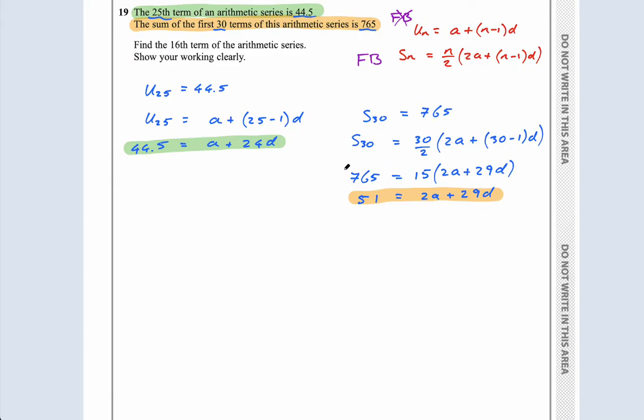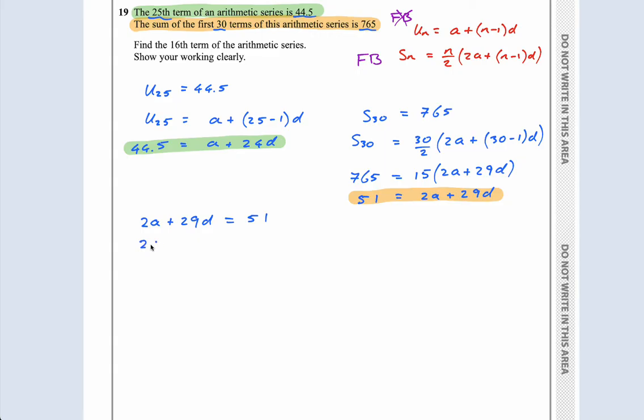Now I'm going to use these two equations to solve simultaneously. So I'll start with this one, and I'll write it like this: 2a plus 29d is equal to 51. And this one, but I'm going to multiply it by 2 because I want the a's to be the same.